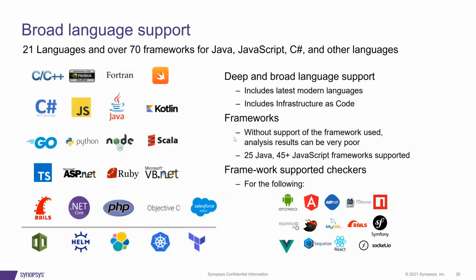And the other piece is supporting any of the frameworks that you may have, whether those are specific checks for Android as you're doing your Android development, whether you are doing some AI work and you are coding in CUDA and you need those libraries to be understood and have some special checks for CUDA, or whether those are some of the Java or JavaScript frameworks, Angular, so that you don't have to reanalyze that code.